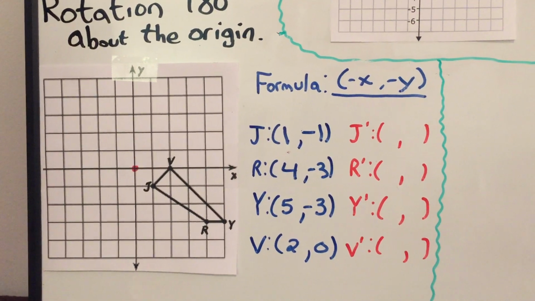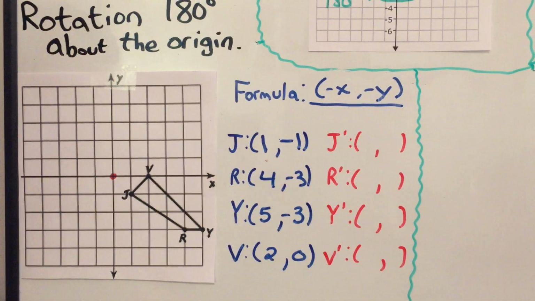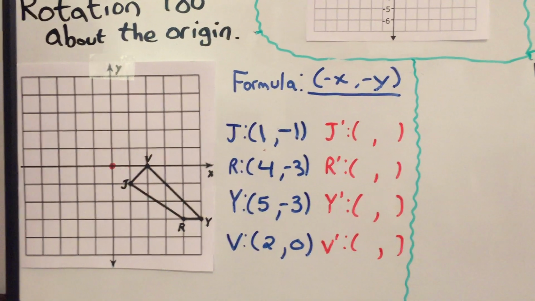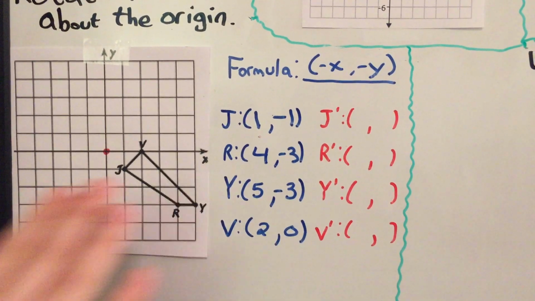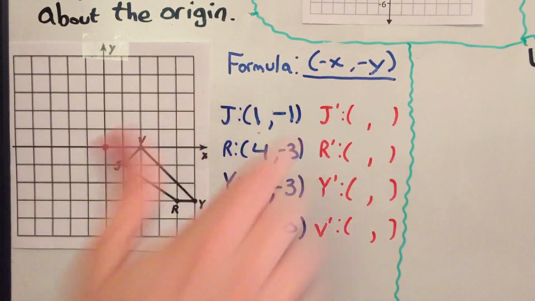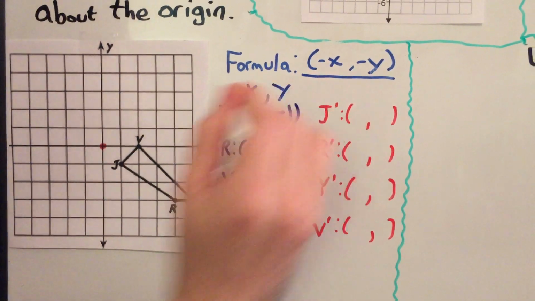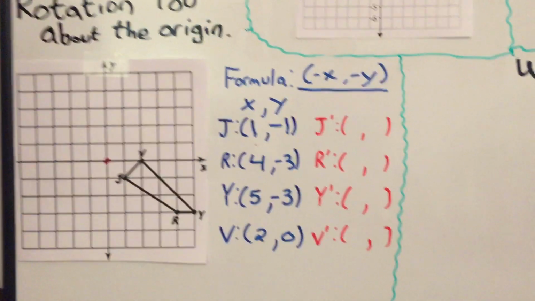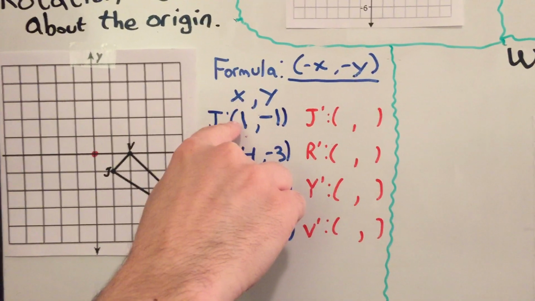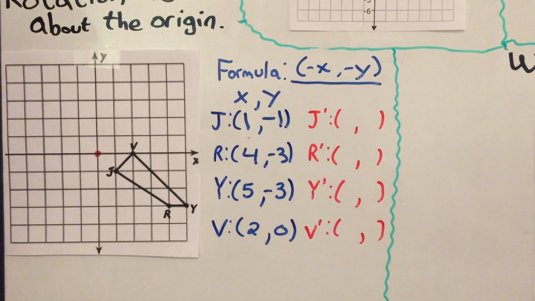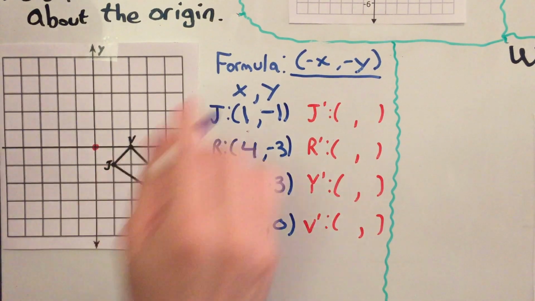Now, of course, what we want to do is use this formula, find our new points, and then we can plot those in there. Now, all this says is it looks like x and y are going to stay put. Remember, x is first, y is second. All we have to do is change the signs of our x and y coordinates to the opposite, or to the inverse.